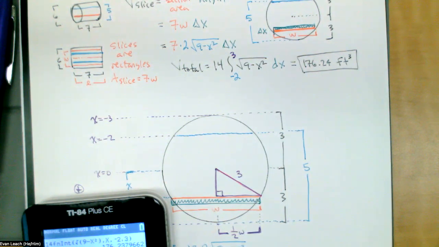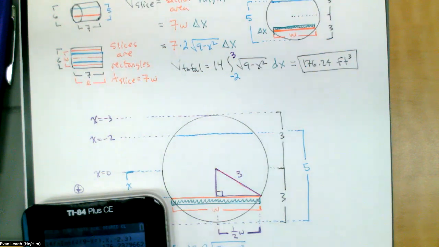Now, the problem with this problem is that I only partially filled the tank. So we've got the integral from -2 to 3. We should check to see that this is going to give us the things that we expect.